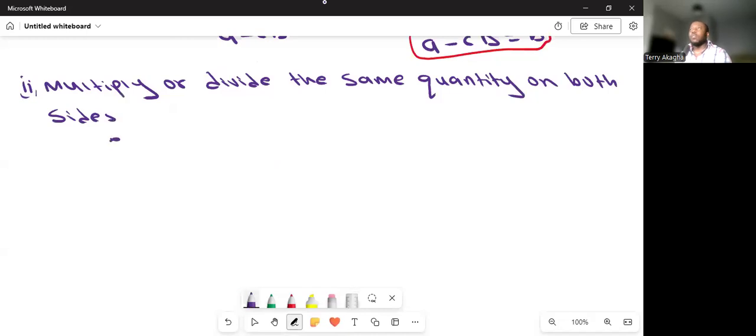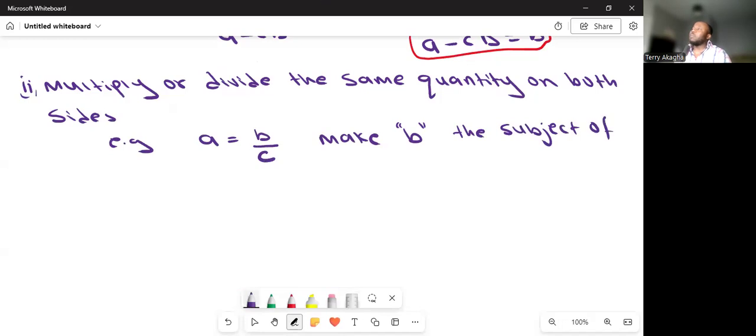Okay, so for example, if we had A is equal to B over C, all right? I want to make B the subject of formula here. So we want to make B the subject. So that means we have A is equal to B over C. I can multiply both sides by C. Are you seeing it?